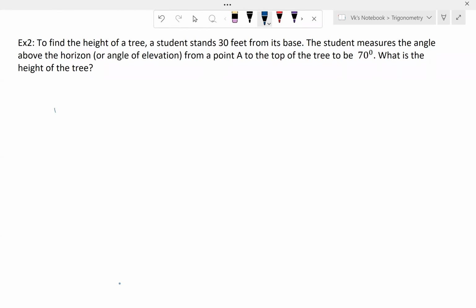So here comes the tree. No idea how tall it is. This is the base of the tree. Here comes the student. It's 30 feet from the base.